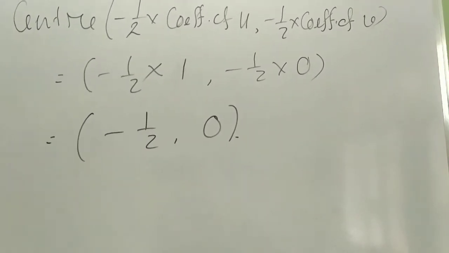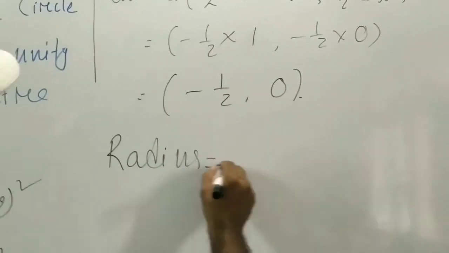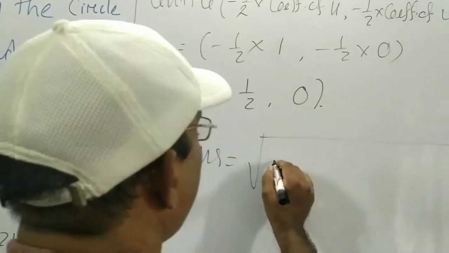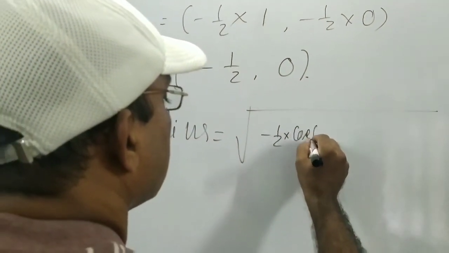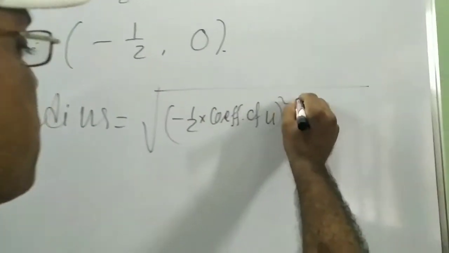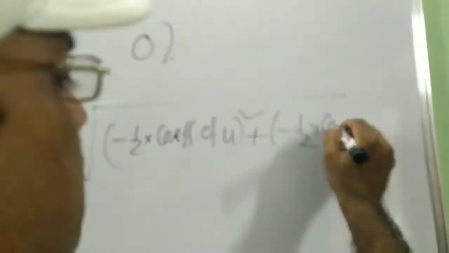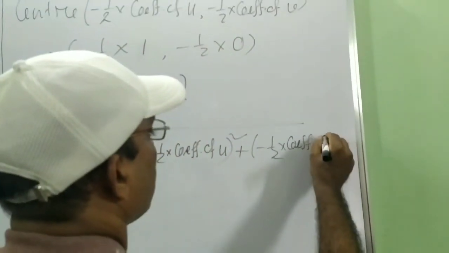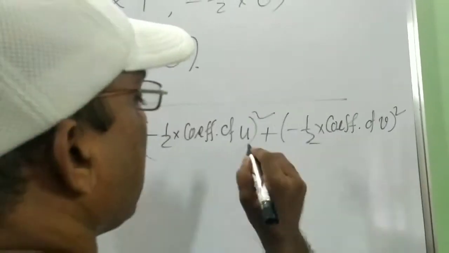Now the radius equals the root of (minus half coefficient of u) whole square plus (minus half coefficient of v) whole square minus the constant term.